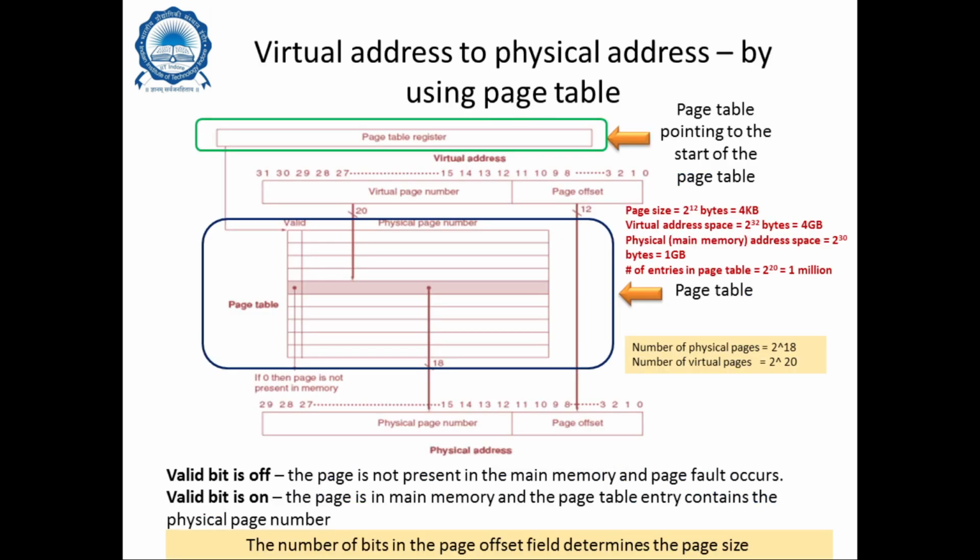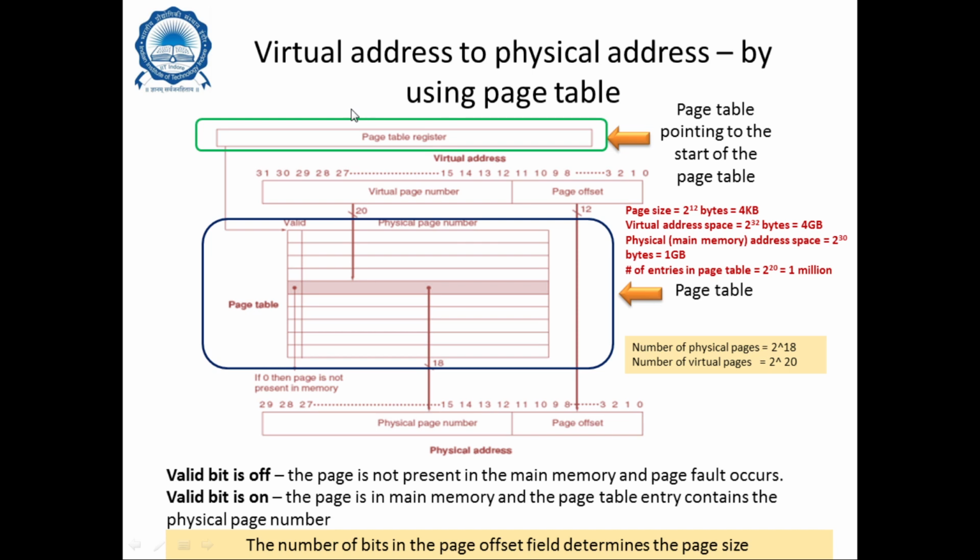Now let us have a look at the hardware architecture of how a virtual address is converted into its physical address by the usage of a page table. You have the page table register pointing to the start of the page table.